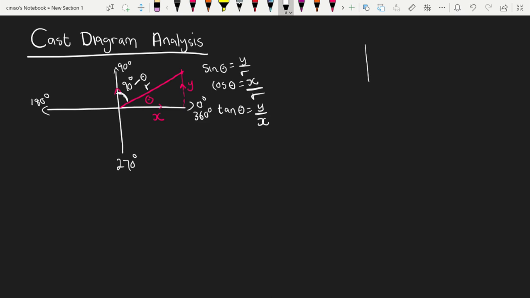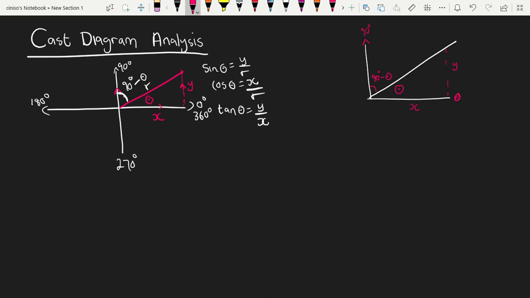So let me draw it clearly for you to see here aside. You have something like this, and this is your theta here, in which here it's y and here it's x. So the angle that lies here is going to be 90 degrees minus theta. So here it's 90 degrees and 0 here, according to your CAST diagram.